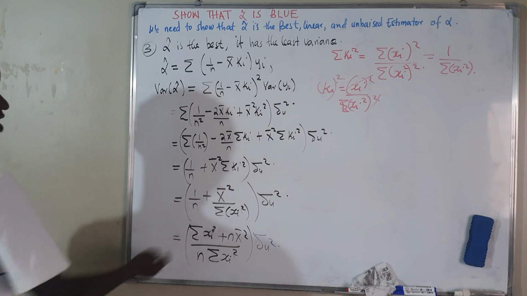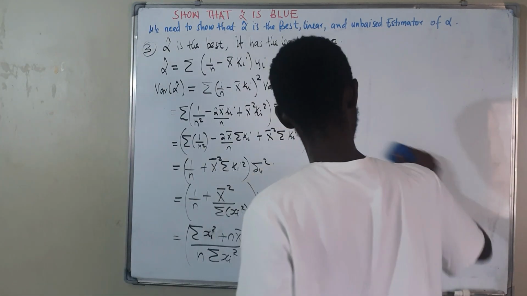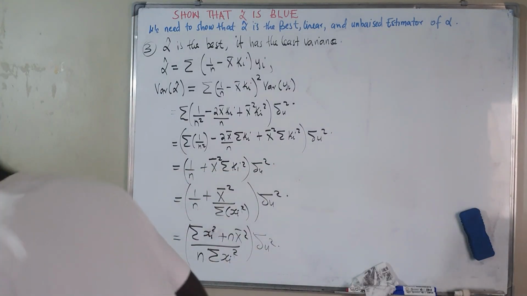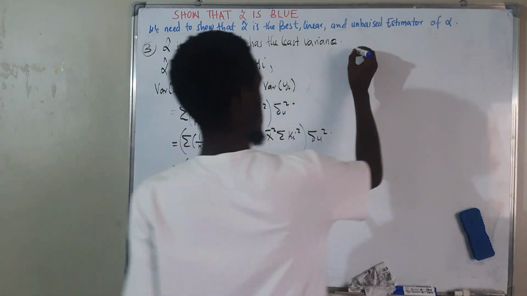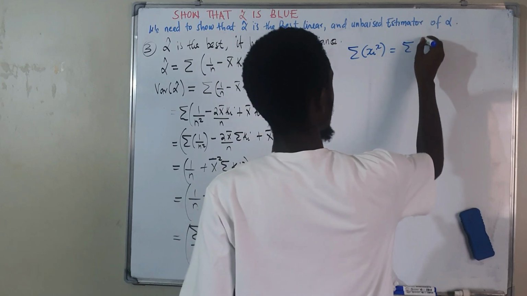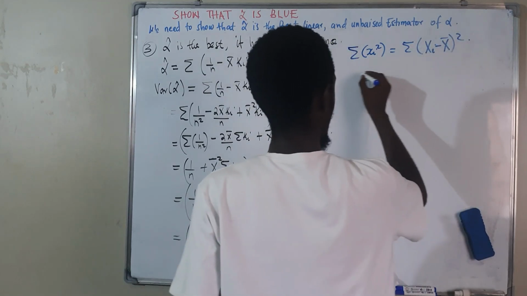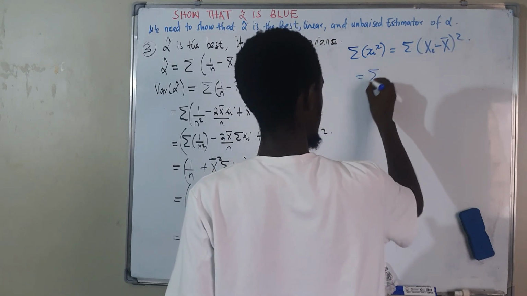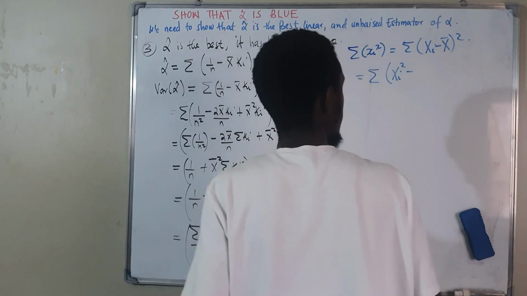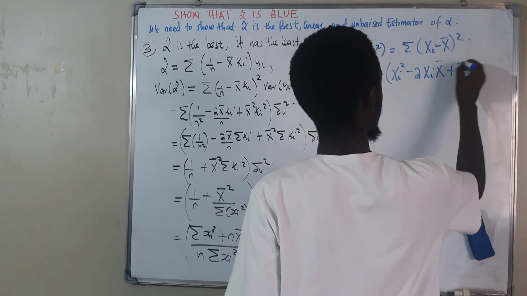You may take your variance to be that way, or one may also simplify this further. Let us further simplify this. Remember that summation of small xi squared is the same as having summation of capital Xi minus x bar, squared. And then if I square everything, I have summation of capital Xi squared, minus 2 capital Xi x bar, plus x bar squared.